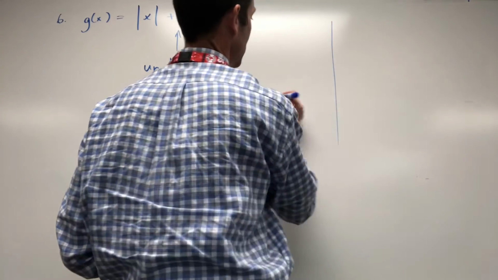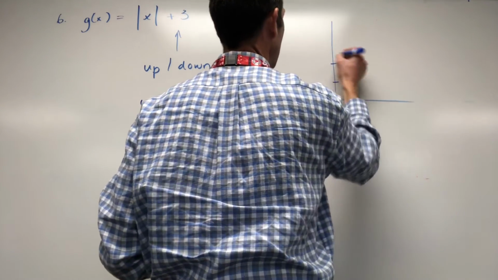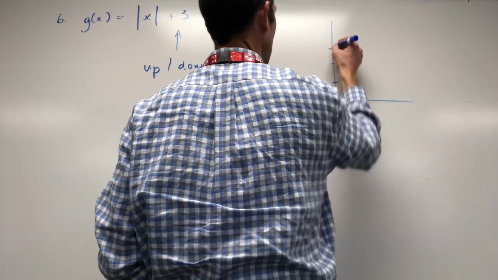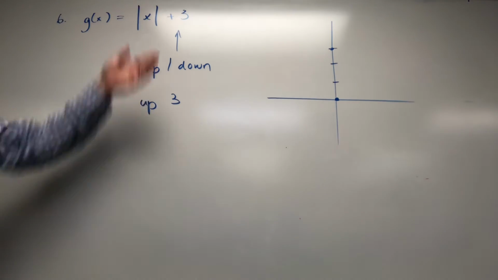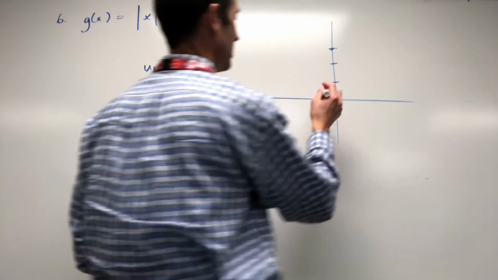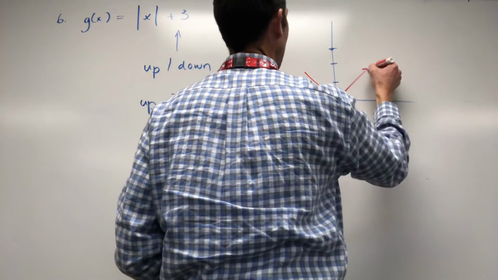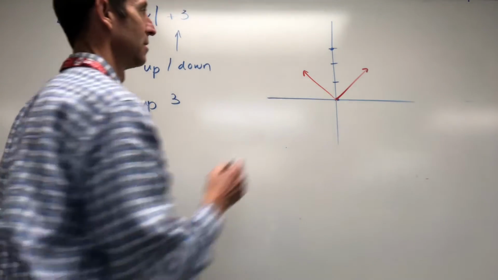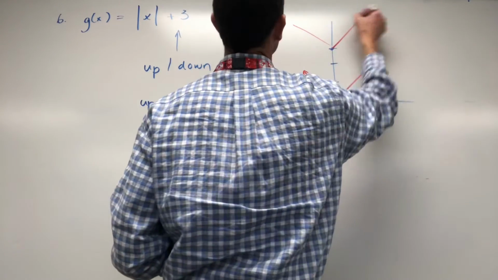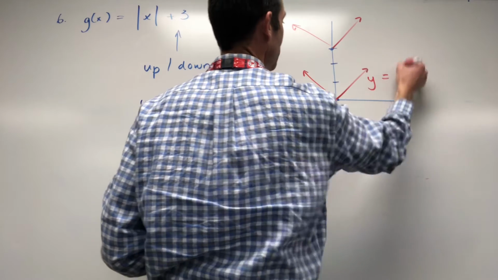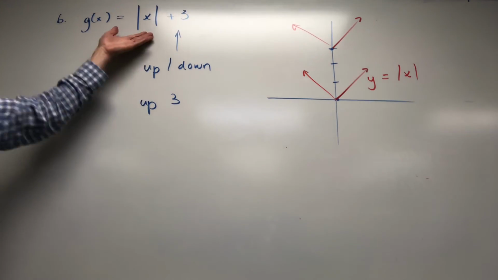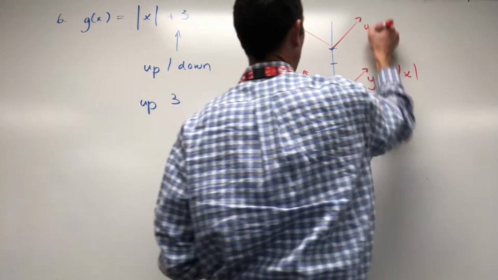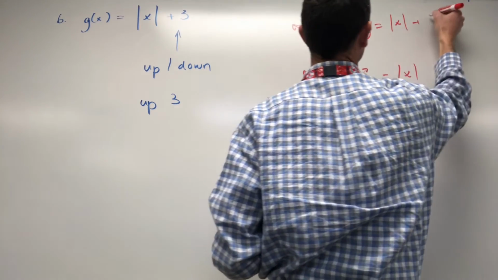So let's graph this guy. All right, we're still working with absolute value. So we have our absolute value graph. This is your parent function for absolute value. Graphed it, labeled it, and then you got your new function, absolute value x plus 3.